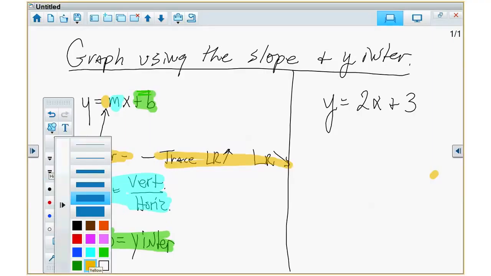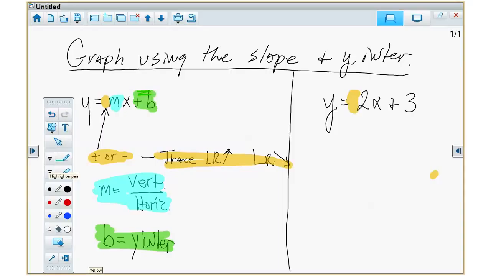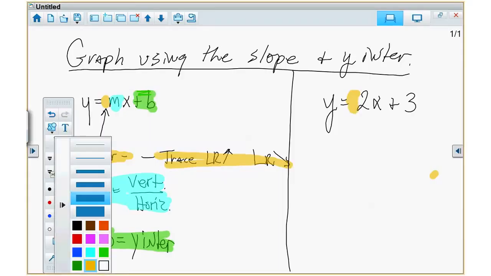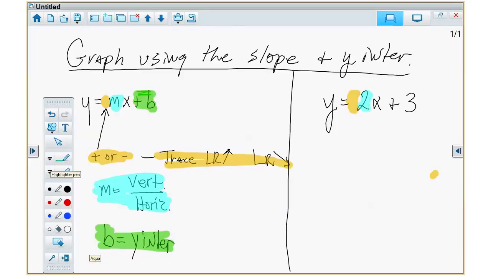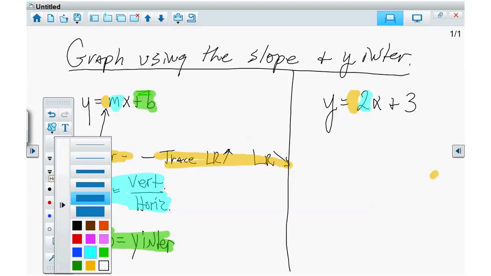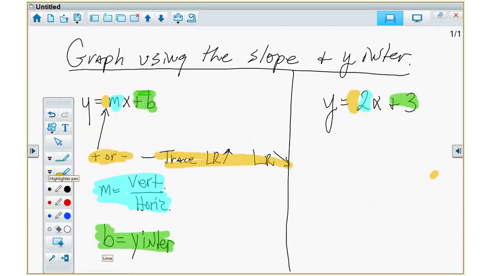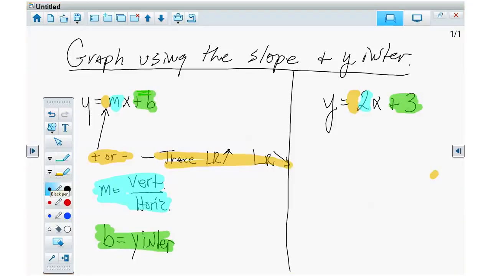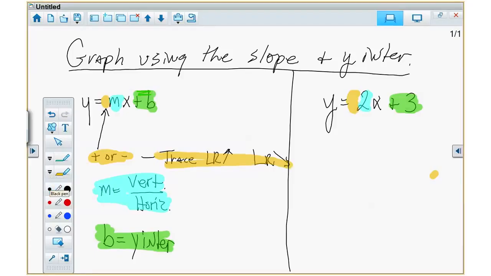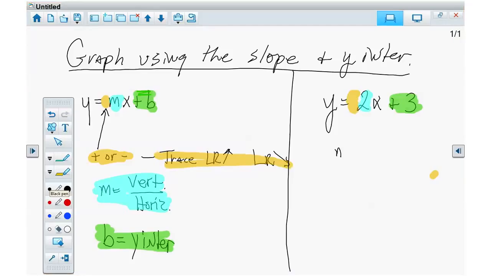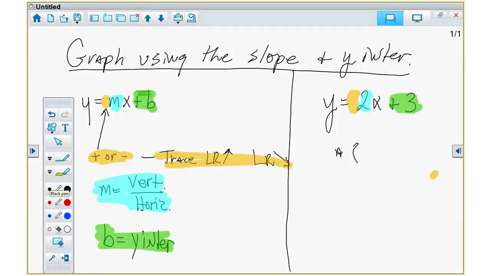I'm going to highlight that area right there, and this area, and then this area. Then I'm going to go down here and write down everything that I've got. The first thing I'm going to write down is my y-intercept: 0, 3.